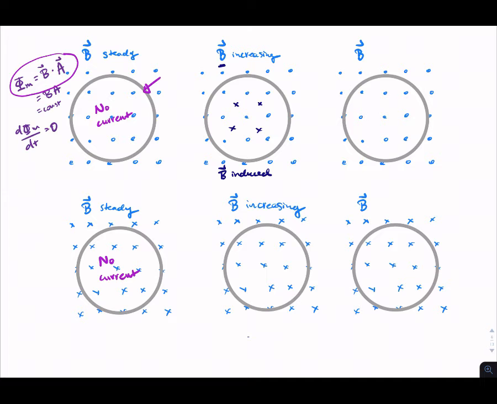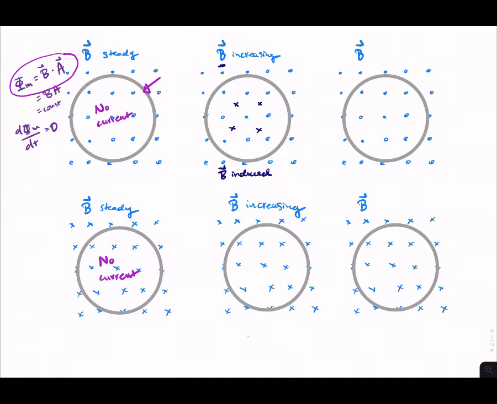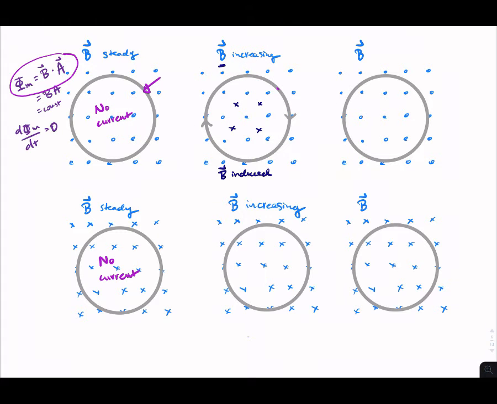And so we point our thumb into the page and curl our fingers around the wire, okay? Remember, this is our wire. And so we're going to find ourselves going in a clockwise direction. So our induced current is clockwise.